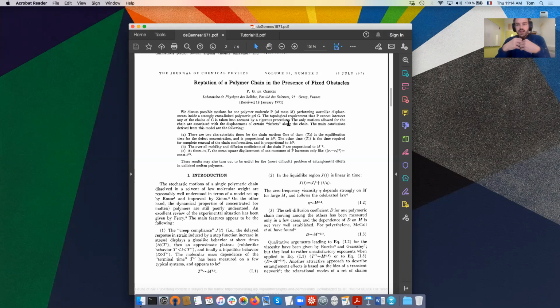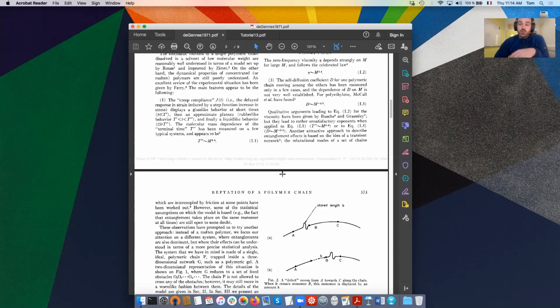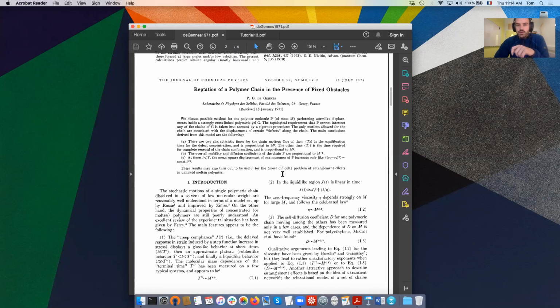Basically, it describes the motion of one polymer chain as a motion of a diffusive snake-like object that is reptating among a frozen ensemble of neighbors that creates a tube around the chain, and the chain is diffusing inside. By a refined argument, it is able to obtain realistic exponents for the relation between the viscosity of polymer melts and the length of individual chains. So I encourage you to have a look at that. There are also works by Doi and Edwards about that.